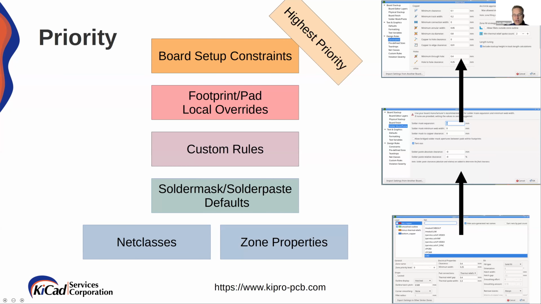Well, if you have an area-based constraint that is narrowly tailored, so you have those conditions set up to limit which ones are going to be targeted for clearance or copper width, these sorts of things, then your board setup constraints can be overridden by custom rules in this case, but in the vast majority of cases we do not.